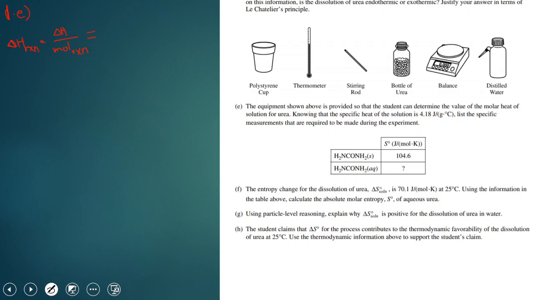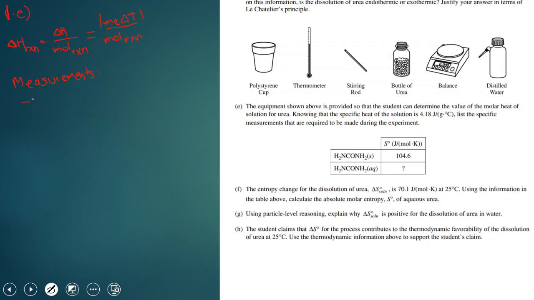In this case, we've proven that it's endothermic, so it would be the positive absolute value of Q, which can further be simplified to MC delta T, over the moles of reaction. Now, using this formula, we can easily identify what all stuff we need. So to calculate the moles of reaction, we need the moles of both the reactants, so water and urea. And to calculate that, we need their masses. And the mass will also come into play in the Q.